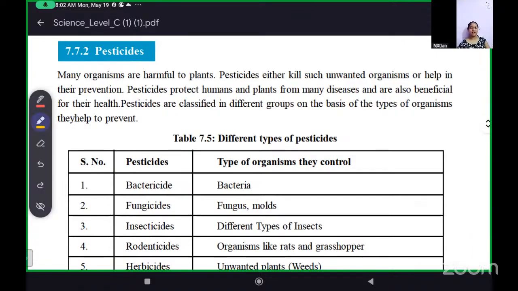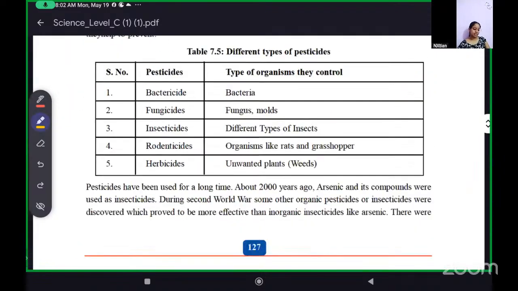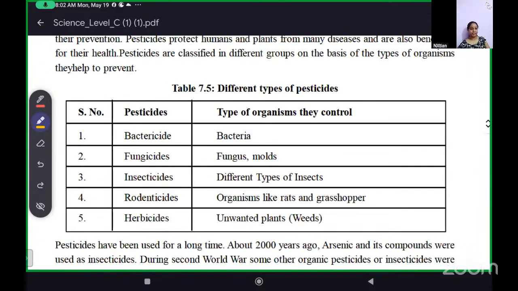When we spray the pesticides, it helps us kill them. Now, pesticides protect humans and plants from diseases and are also beneficial for their health. Pesticides are classified in different groups on the basis of the type of organisms they help to prevent.